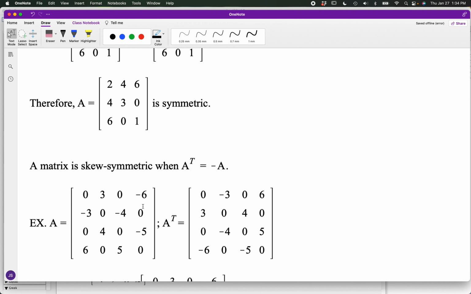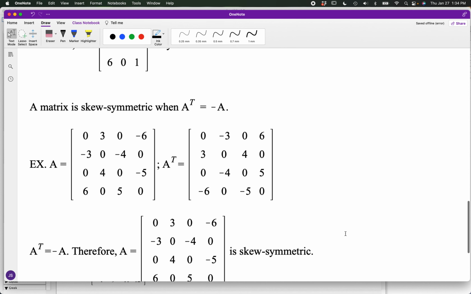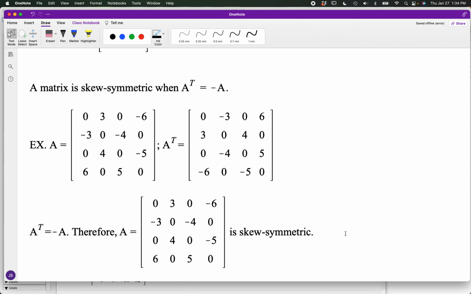For the non-zero values, you have 3, -3, -6, 6, -3, 3, -4, 4, and 4, -4, -5, 5, and then we have 6 and 5 in the last row of matrix A, and -6, -5 in the last row of the transpose. We have an additive inverse relation, and therefore A is regarded as skew symmetric.